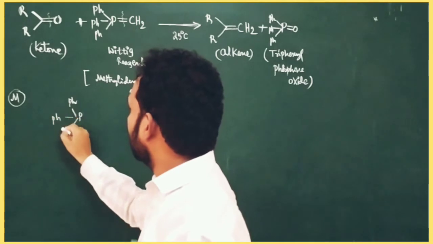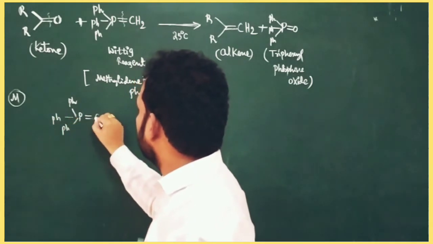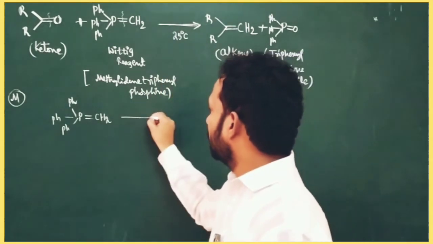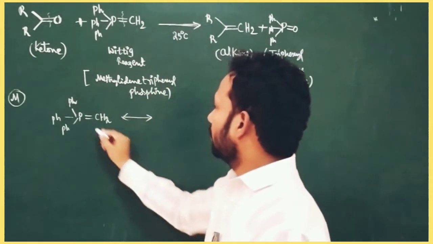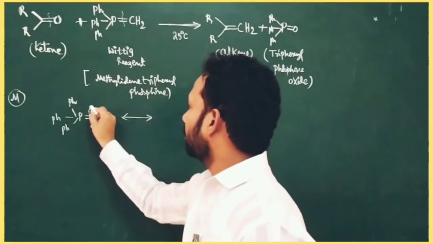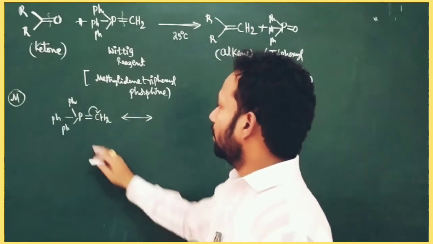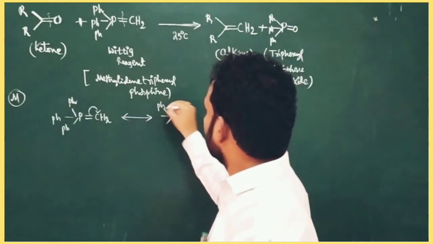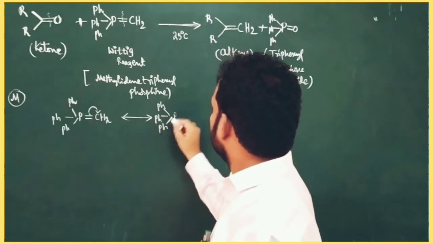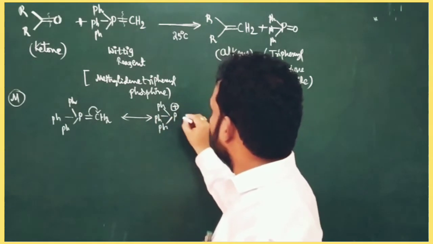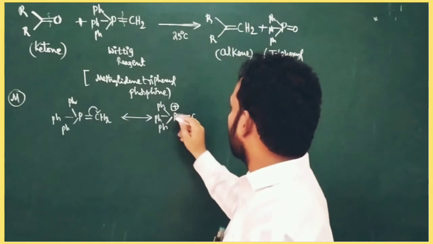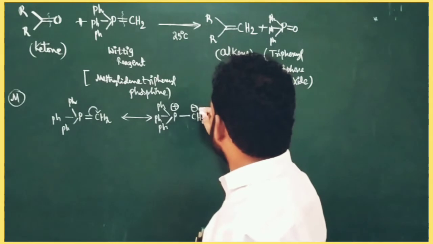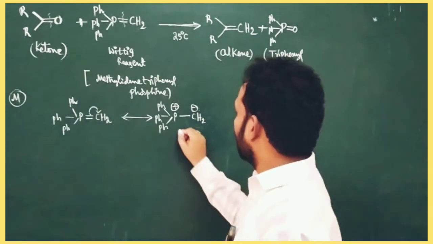First of all I write the Wittig reagent. The structure of Wittig reagent is this. This is the Wittig reagent. This form is a phosphorane form. This phosphorane form is involved in a resonance to form a zwitterionic ylide form. This ylide form has two charges: one is a positive charge on the phosphorus, another one is a negative charge on the carbon.